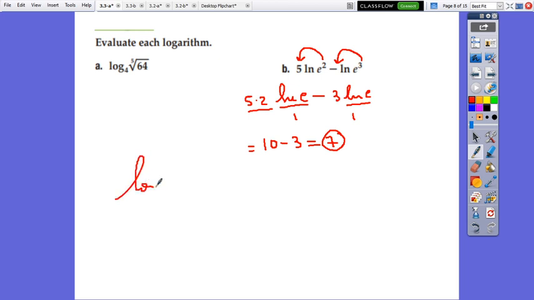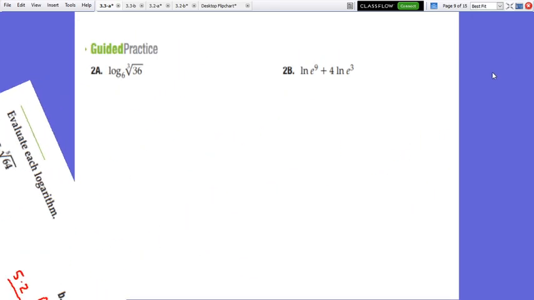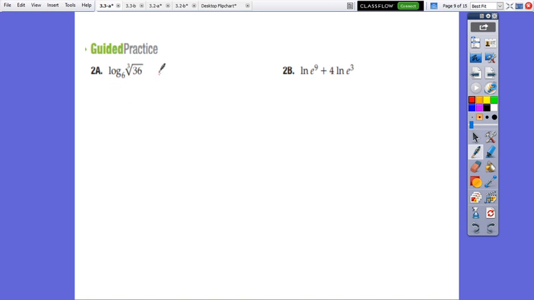Remember that log base b of b, the same number, equals 1. As long as the base in the log is 6, I will try to write 36 as a power of 6. So it will be log base 6 of 6 squared, all to the exponent 1 over 3, a rational exponent.